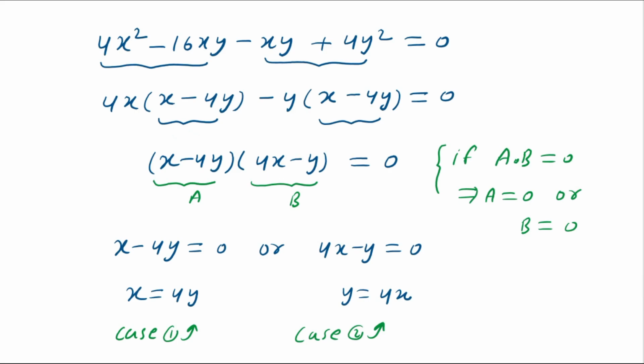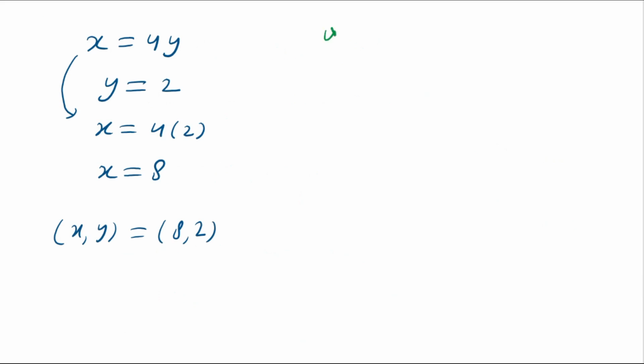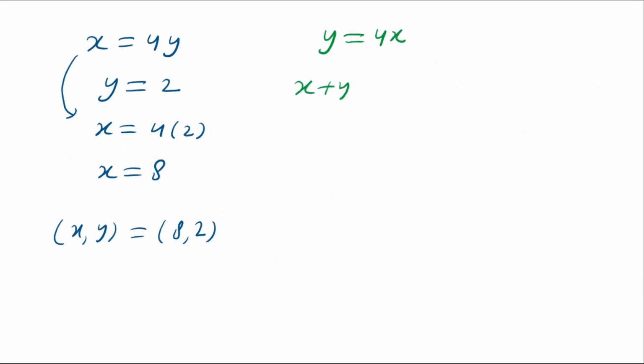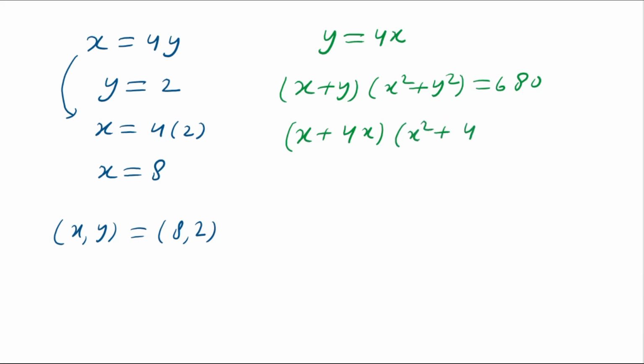Now solve case second. Case second is y is equal to 4x. And look carefully again at equation number first, x plus y times x square plus y square is equal to 680. Here y is replaced by 4x, so x square plus (4x) bracket power 2, and this is equal to 680.